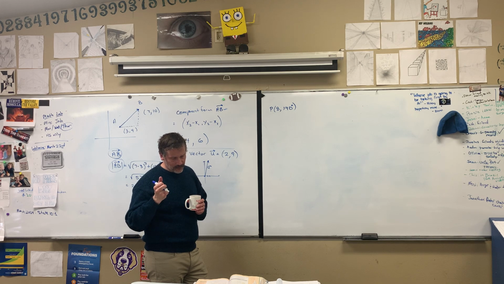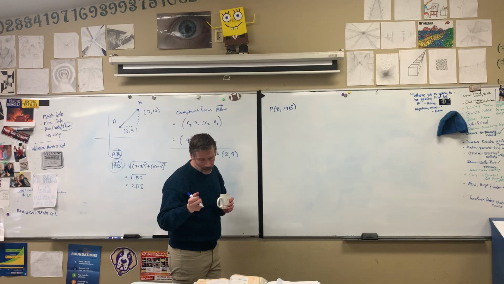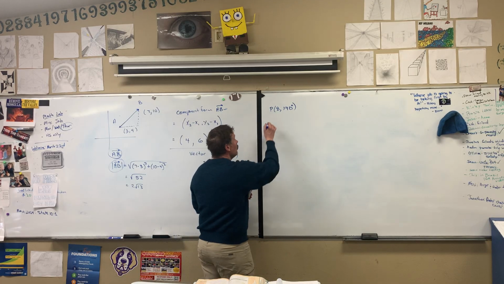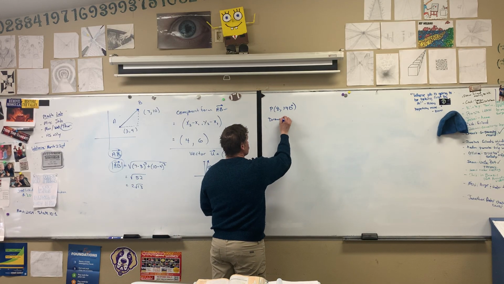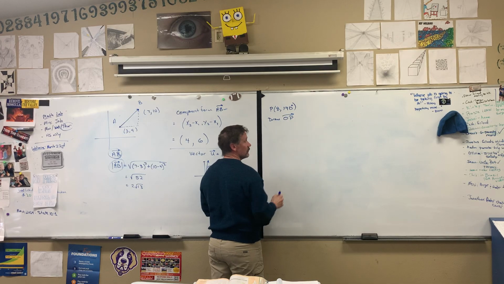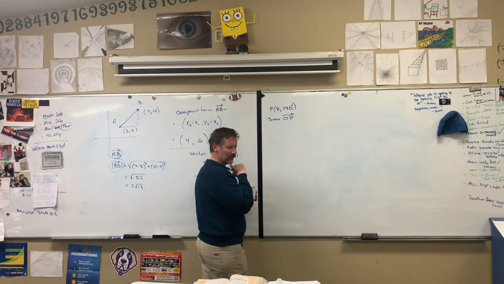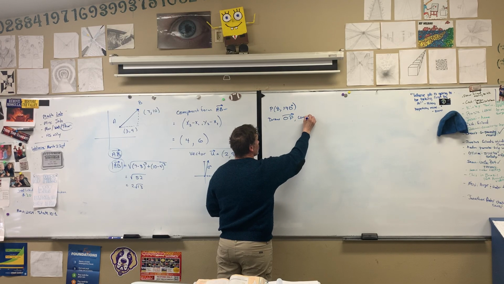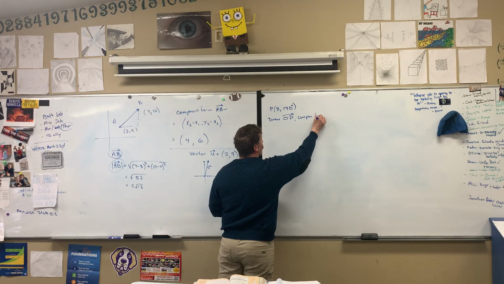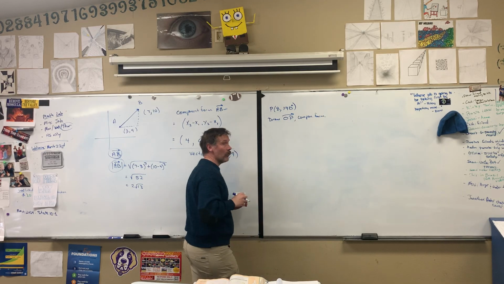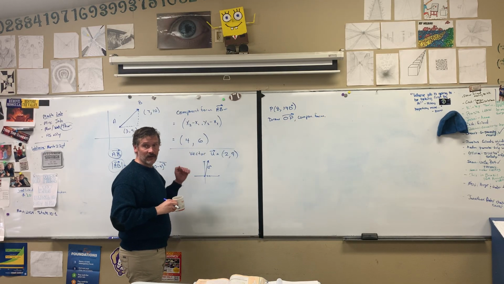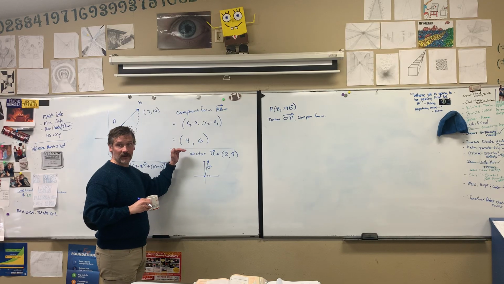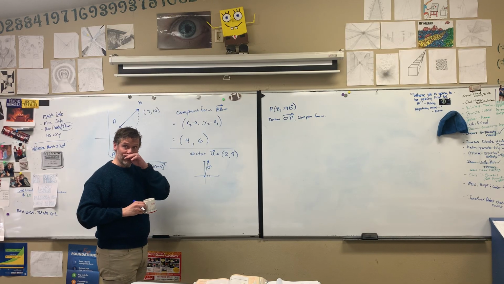So what they want is, O is the origin, so they say draw OP and give its component form. So we're going to draw OP, where O is the origin, and then they want the component form. Remember, component form is just the distance of your x that you go and the distance of your y you go.